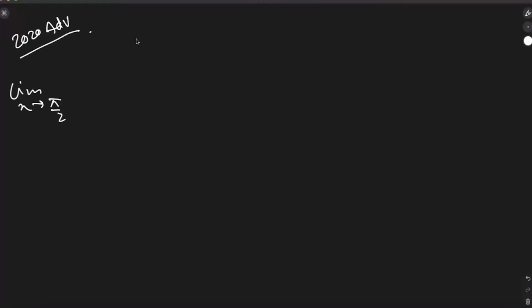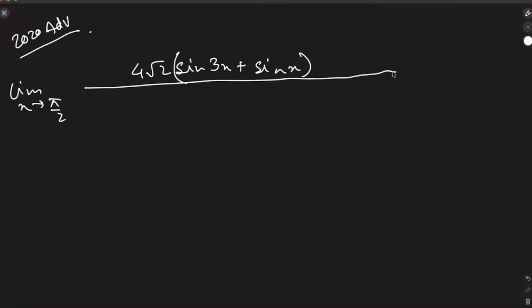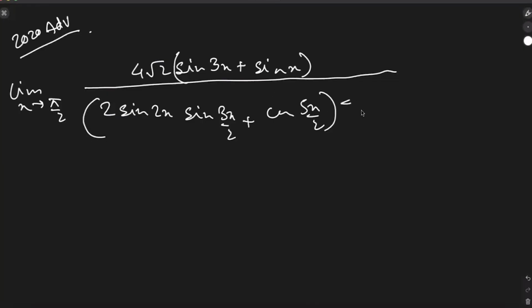In the numerator we have 4 under root 2 (sin 3x plus sin x). In the denominator, we have 2 sin 2x sin (3x/2) plus cos (5x/2), minus under root 2 plus under root 2 cos 2x plus cos (3x/2).